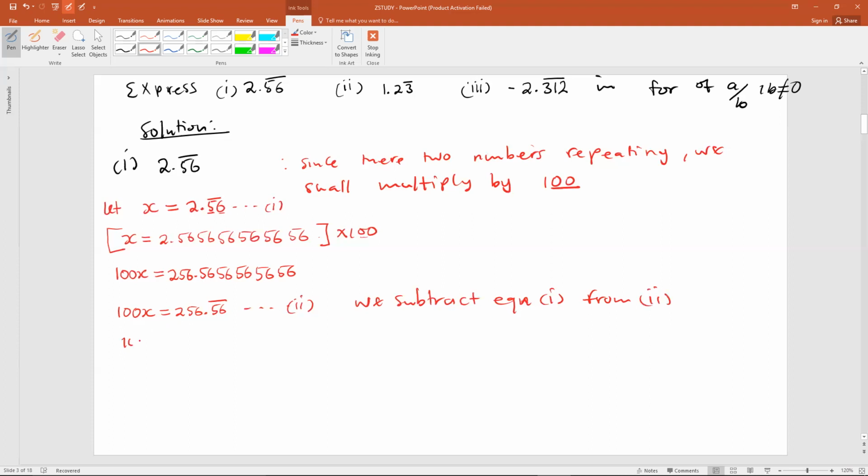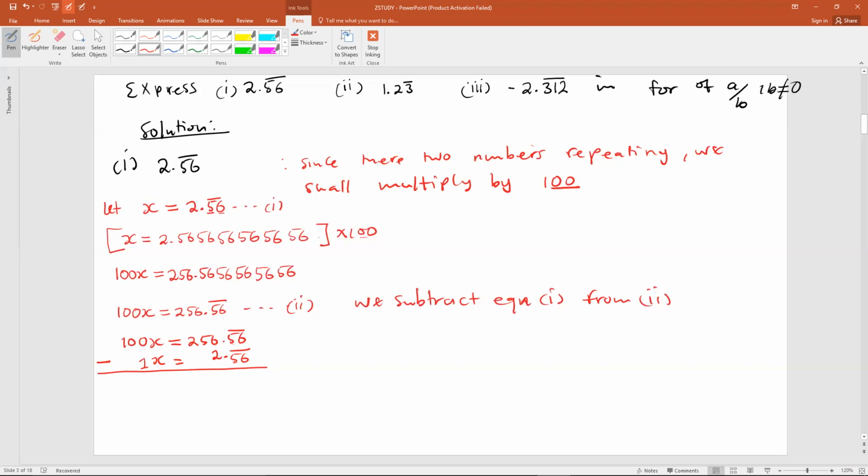So it will be 100x is equal to 256.56 with a good arrangement, minus, like that, put x there, equals 2.56 with a bar on top. Take note, there is a 1 in front there. So please, don't make a mistake here. Take note. Then you do the usual subtraction.